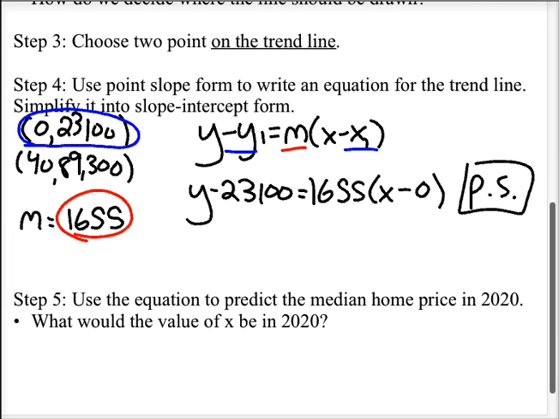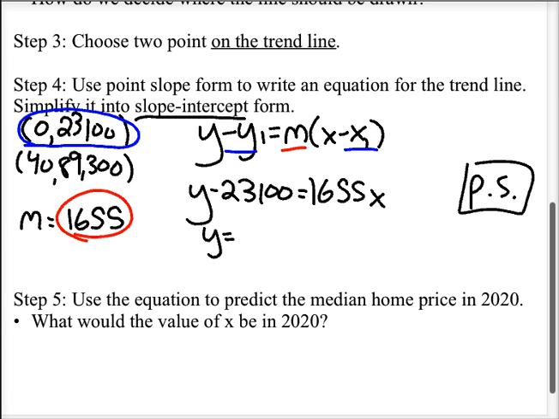However, if we're making predictions, we want a slope-intercept equation. All right? So slope-intercept equation means we need to solve it for y. We need to get the y by itself. Well, the neat thing is that x minus 0 just simplifies really nicely to x.